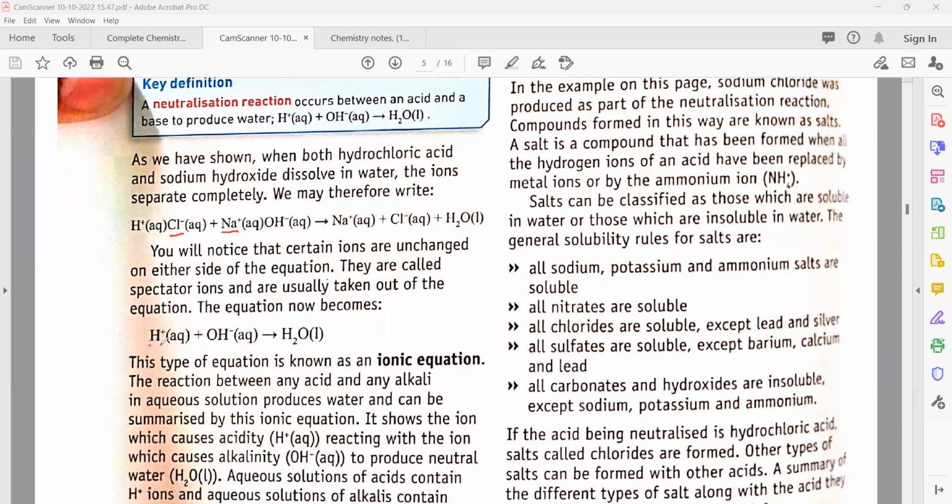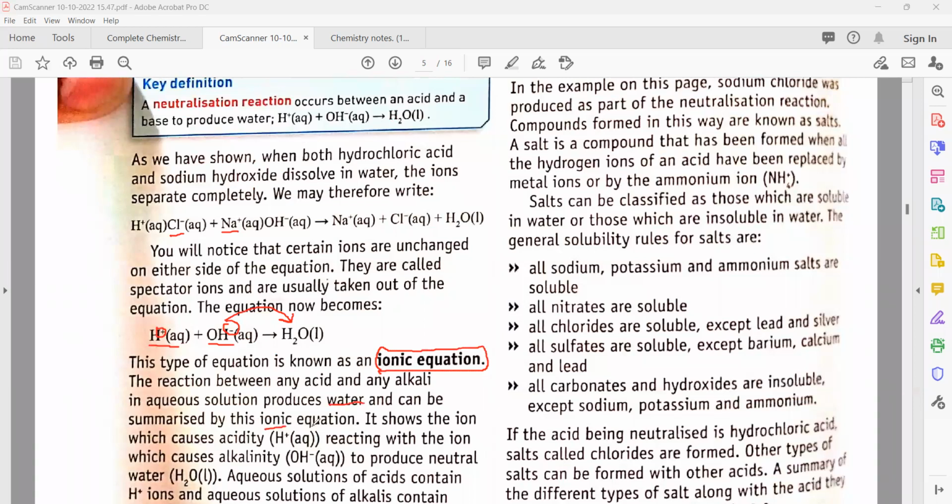You can say that H positive and OH negative form water. This type of equation is known as an ionic equation. Why? Because there are ions like H positive and OH negative, the hydroxide negative ion.